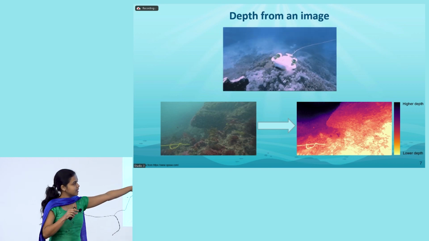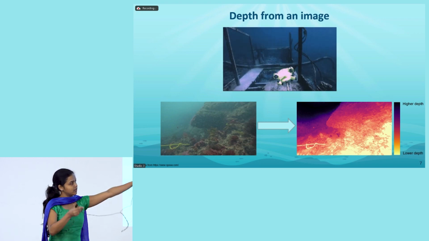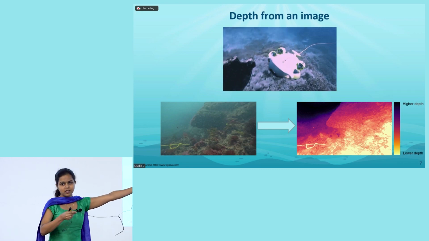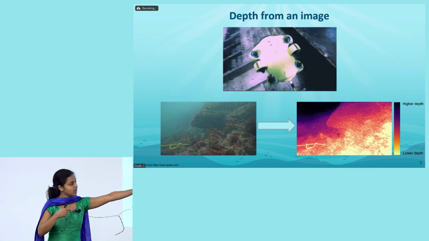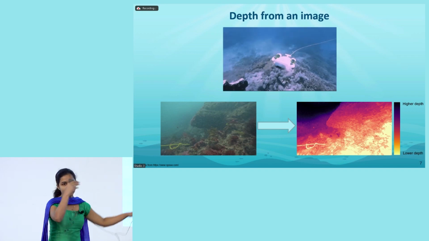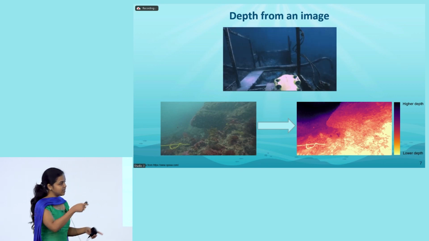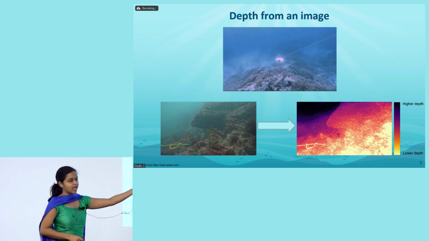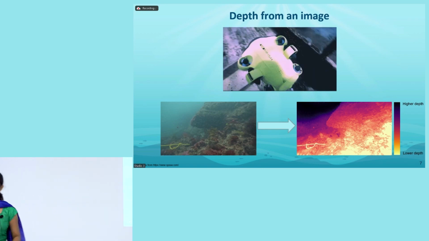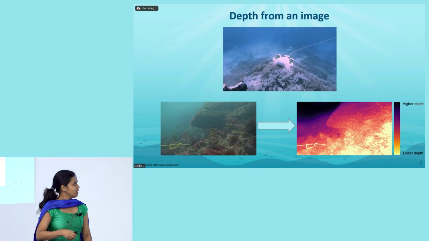This depth I have to represent using a color code. The brighter portion gives the lesser depth value and the darker portion gives the larger depth value. There is a deviation of depth from this point to this point, which I have shown there. This is one of the outputs from my method.